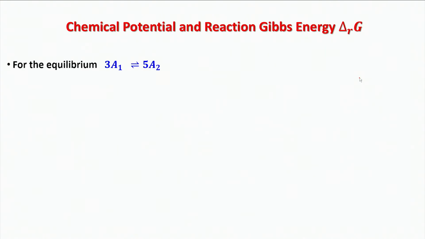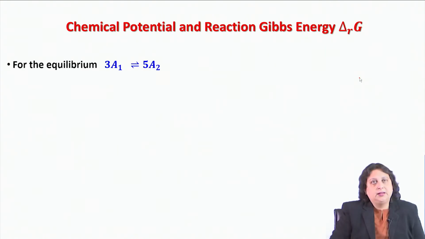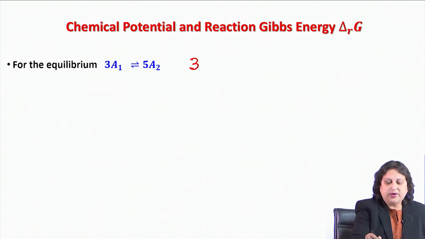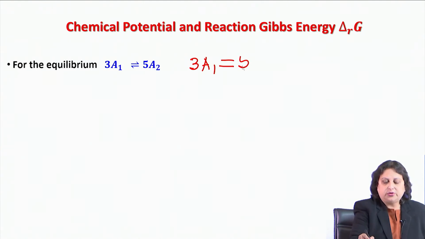Now let me take one more example. Now I have another chemical equilibrium where 3 moles of A1 react to give 5 moles of A2. So what is the balanced chemical equation for this reaction? The balanced chemical equation is 3A1 equal to 5A2.